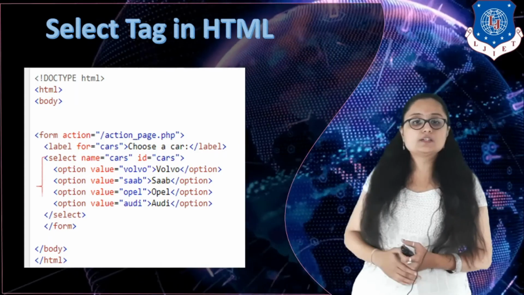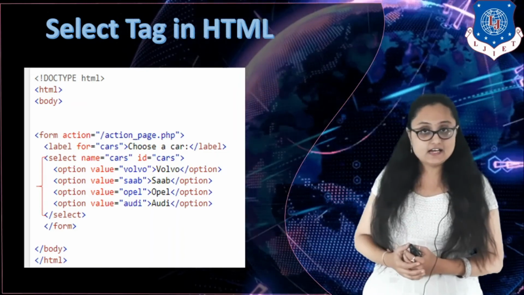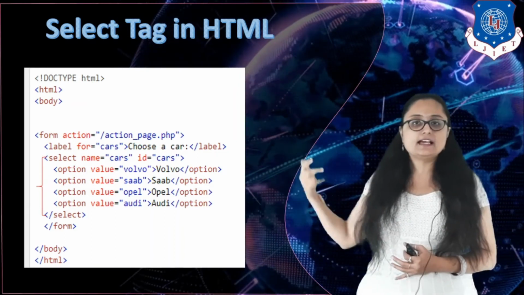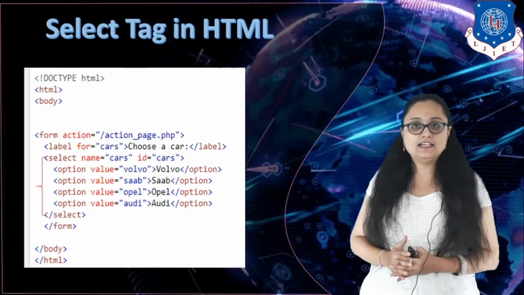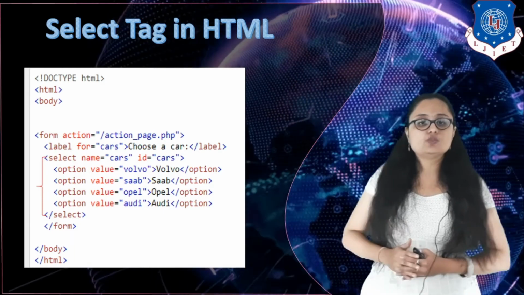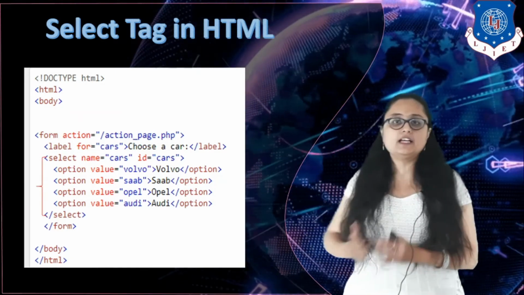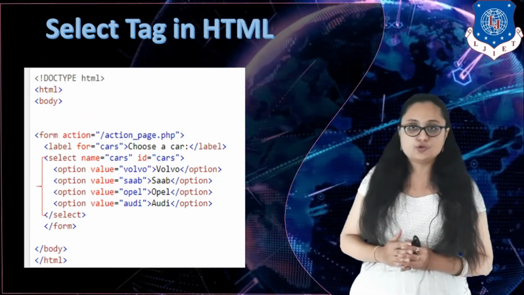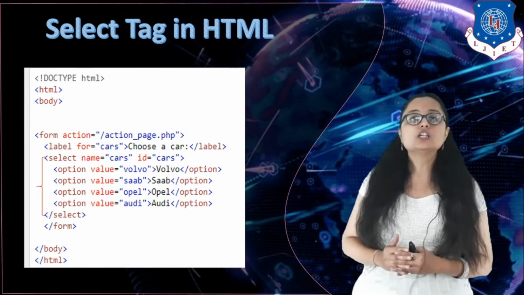So I have written "Choose a car", that is my label. After the label, you can see that there is a select tag that I have written. There is a select parent starting tag, and it has a matching ending tag. Now in the select tag, you can see I have specified 2 attributes, name and ID. You can skip ID, but you have to write the name attribute value. Then only the form data will be submitted to the server.